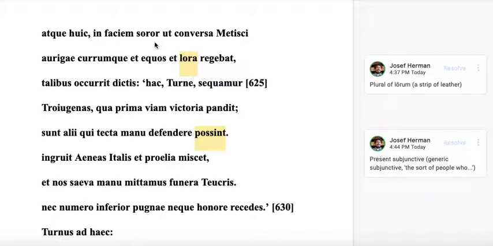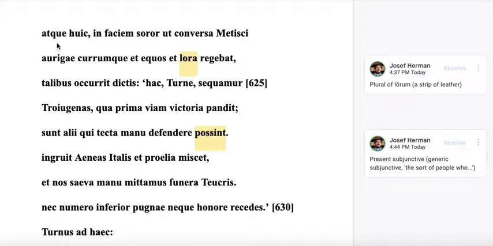And then ut means as, and that's going to then lead to regebat, but as, having transformed, conversa is a perfect participle, having turned into the appearance, in faciam, into the appearance of Metiscus, Metisci is the genitive of Metiscus, the auriga, right? An auriga is a charioteer.